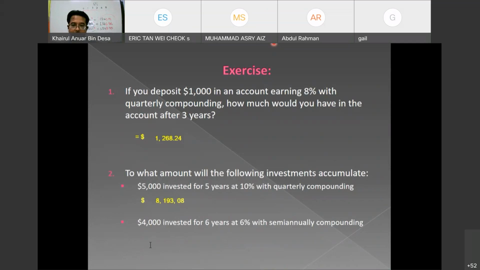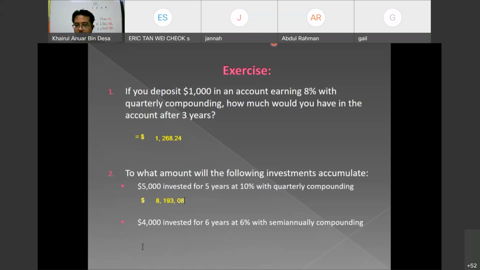Dan yang terakhir, saya nak call Khairul Jannah. Saya dapat 8703.04.